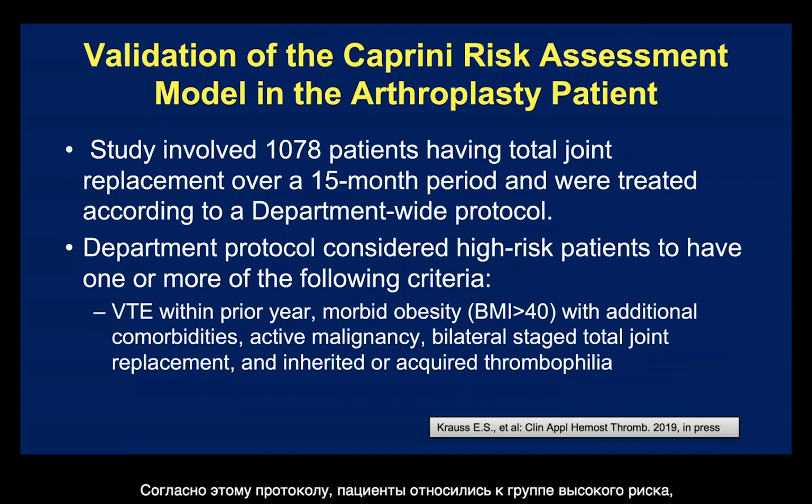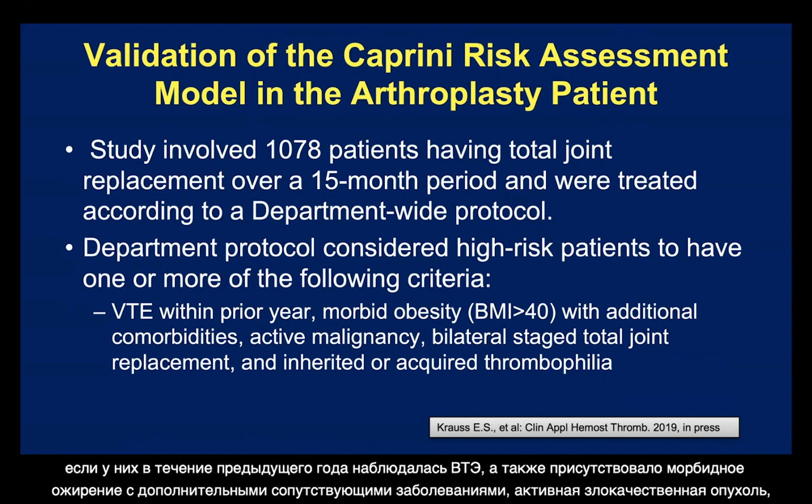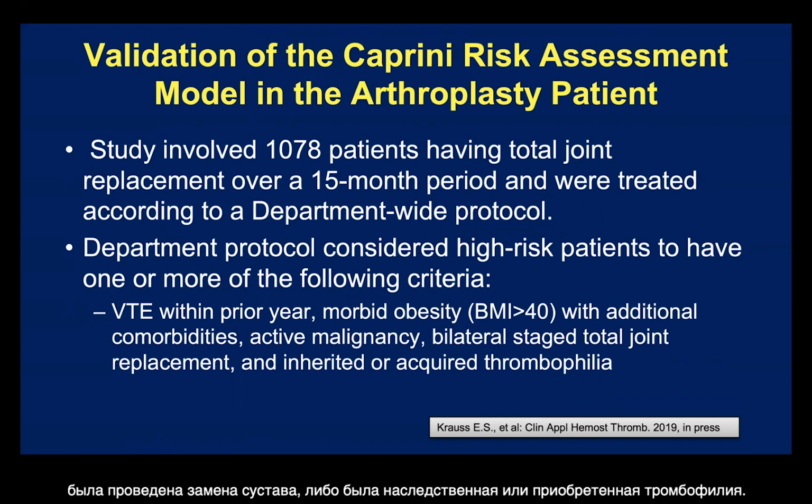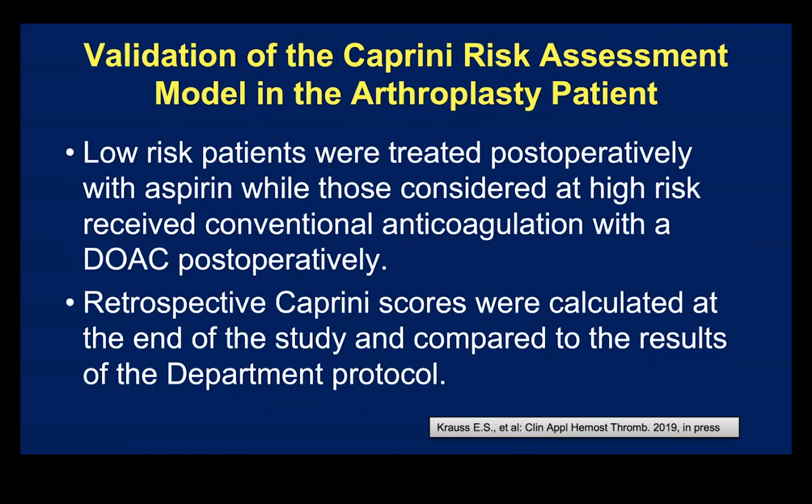And the department-wide protocol dictated that patients were high risk if they had VTE within a prior year, morbid obesity with additional comorbidities, active malignancy, bilateral staged total joint replacement, and inherited or acquired thrombophilia. If they didn't have any of those, they were considered to be low risk. The low risk patients were treated with aspirin, but those at high risk received a direct oral anticoagulant.